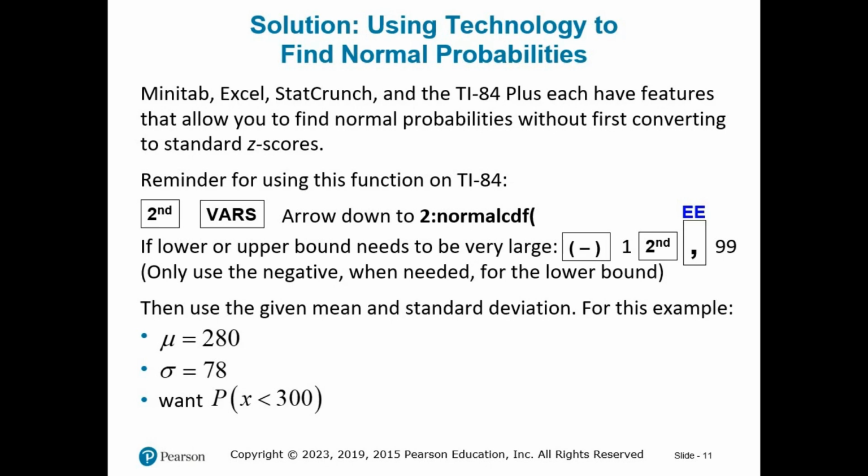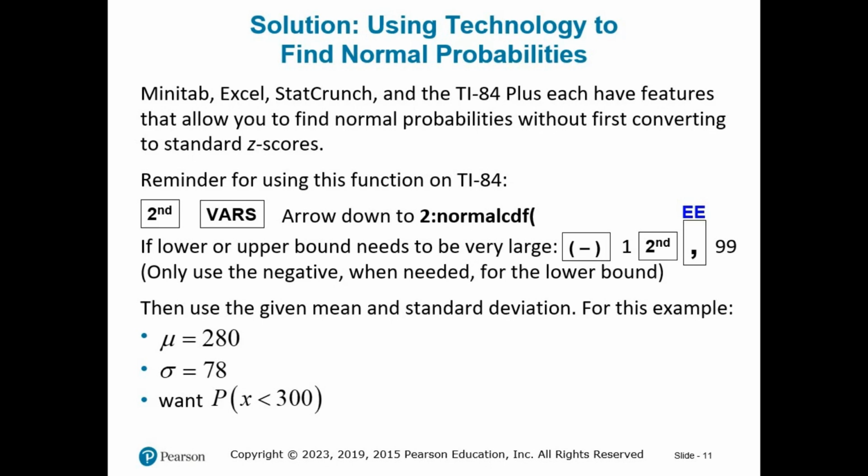So we want to do the negative sign, 1, the second button, a comma, that's to get the inner exponent, the EE, then 99, then enter. Now we're doing our upper bound, and you may have a calculator where you have to do commas instead of enter in between these. So if you do that, just know that you need to do commas instead of enter, and when you're finished, you'll need to close your parentheses.